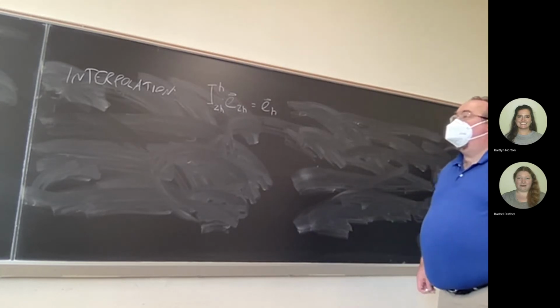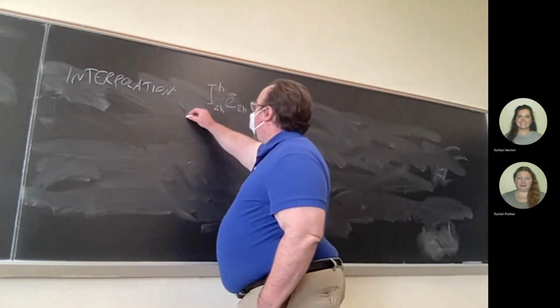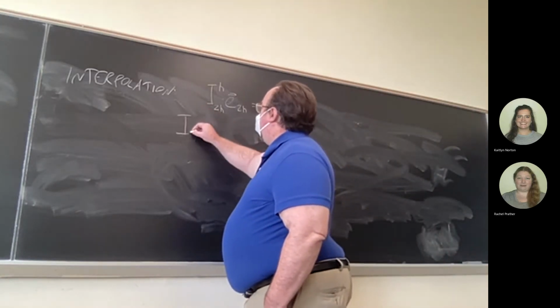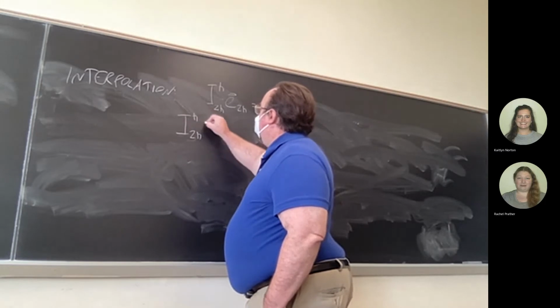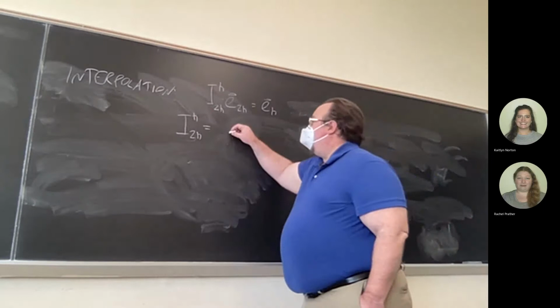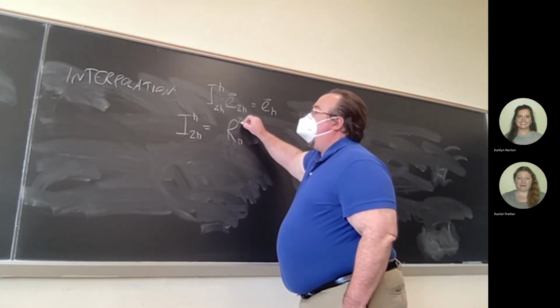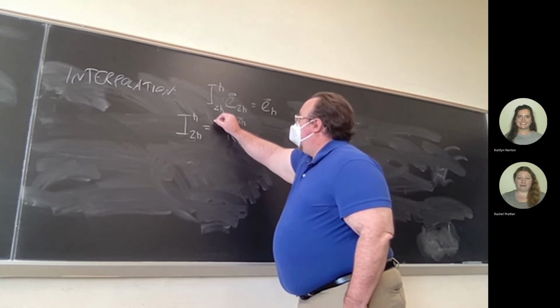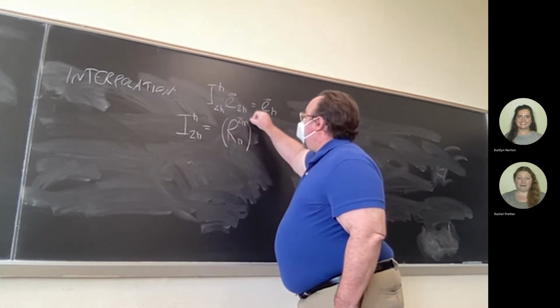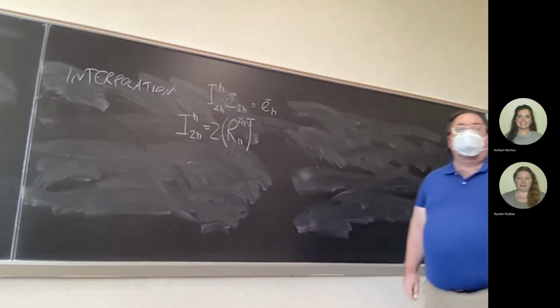So how this actually works is it's surprisingly simple. The interpolant matrix, all you have to do is take the restriction matrix that I just described, transpose it, multiplied by 2.